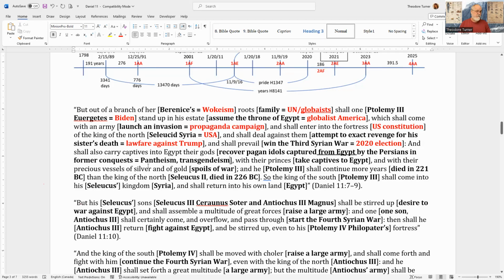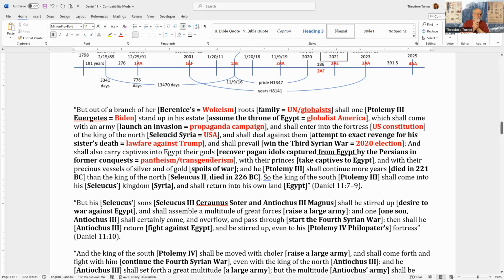Okay. Because that's all connected. I will make pantheism capitalized. Okay, so pantheism, transgenderism.